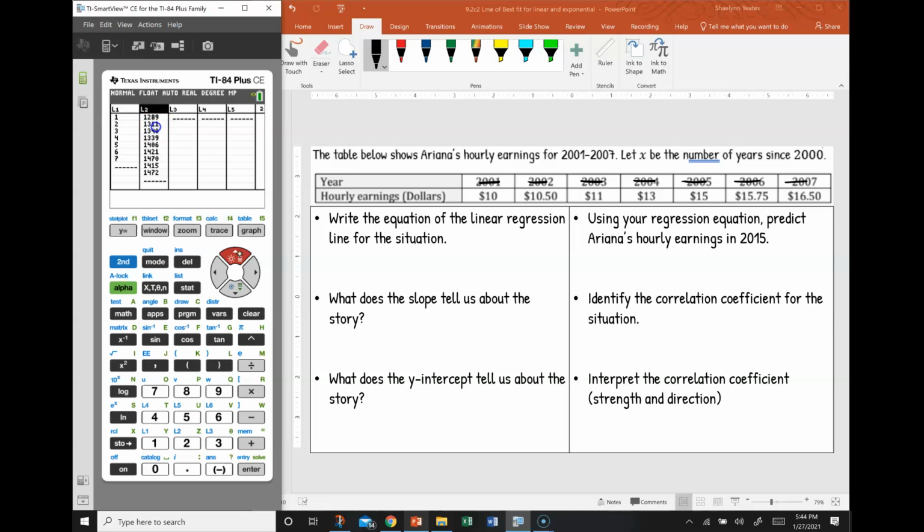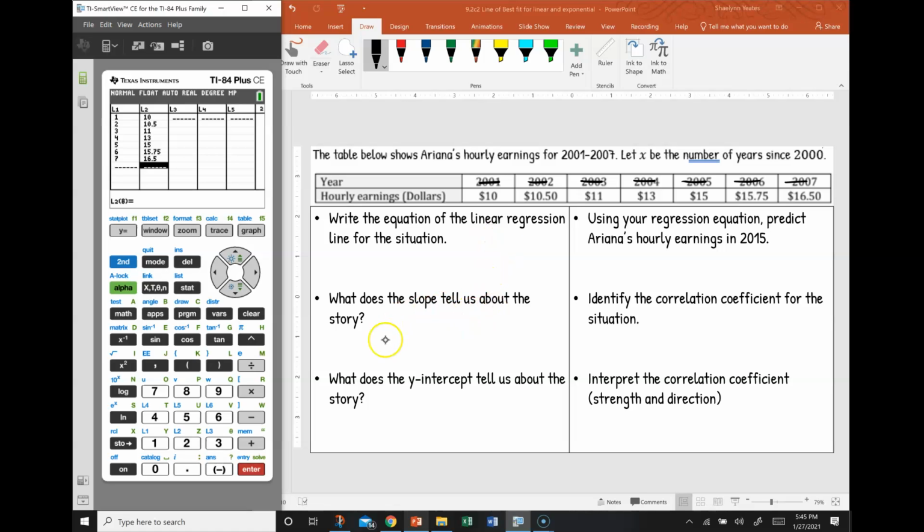And then her earnings is going to be 10, 10.50, 11, 13, 15, then 15.75, then 16.50.